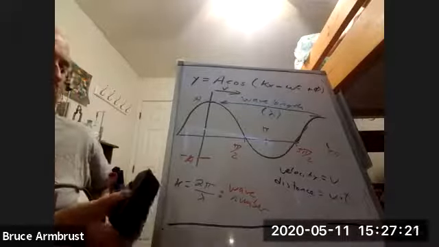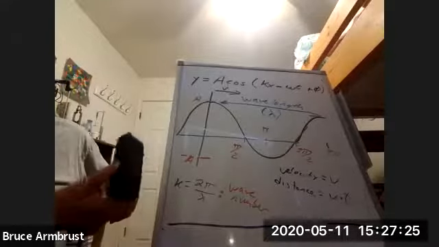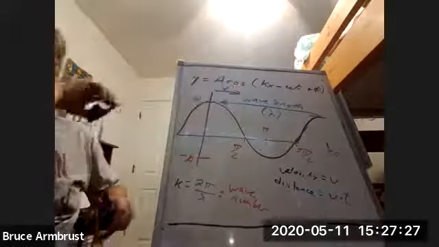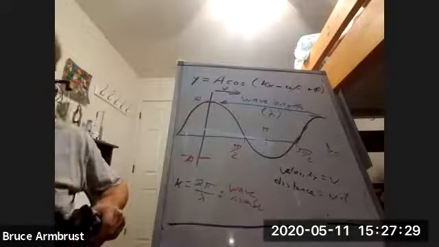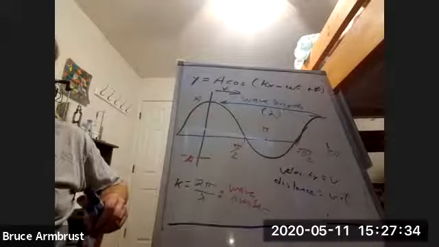Well, that's a horizontal shift. So if we're moving to the right, how do we deal with a horizontal shift? Subtract a phi. Yeah, we're going to subtract.